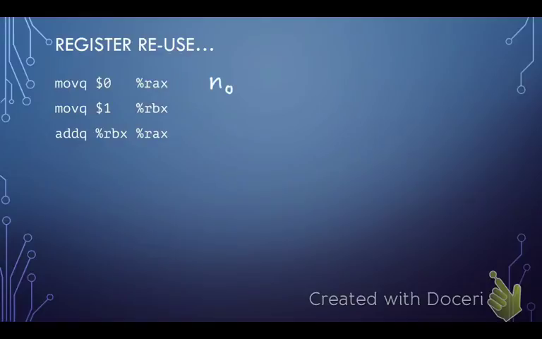We'll call this N0, we'll call this N1, and this will now be N2. Now notice that N2 is going to be the result of summing N0 and N1 and sticking it in N2. N2 is going to be RAX. So we're overwriting the value in RAX with the new sum. So we're reusing the register.